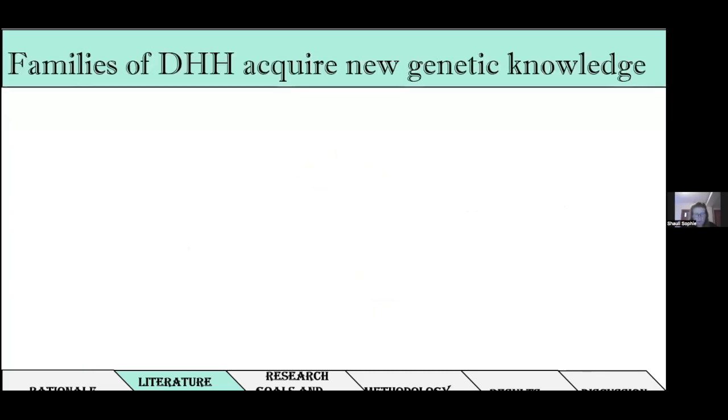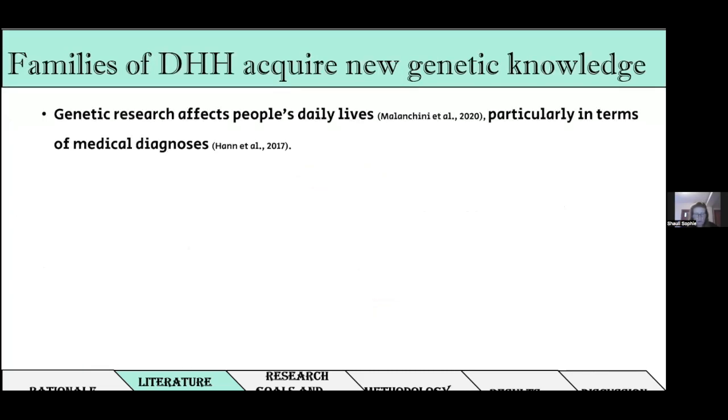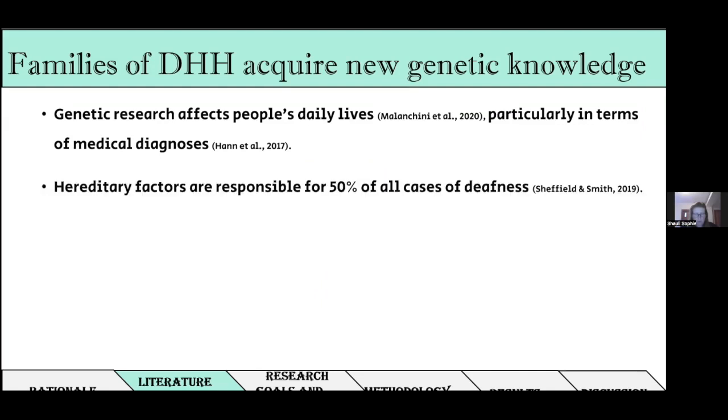Based on recent research by Malanchini, we focused our study on how non-scientist adults acquire knowledge of genetics. Malanchini pointed out how genetic research has impacted people's daily lives, particularly in terms of medical diagnosis. For example, deaf and hard of hearing people and their families can be subjected to genetic analysis to identify possible causes of deafness.